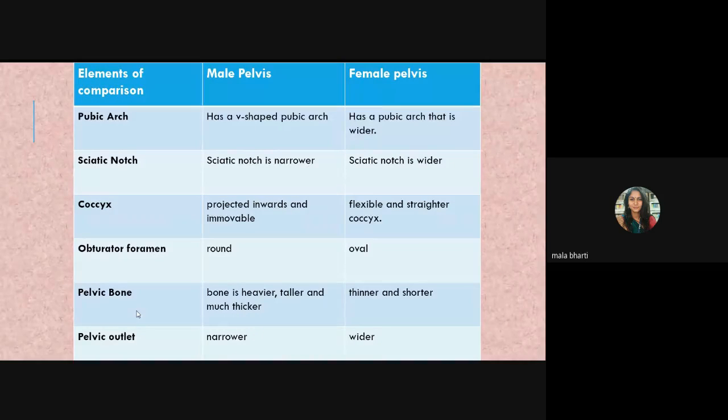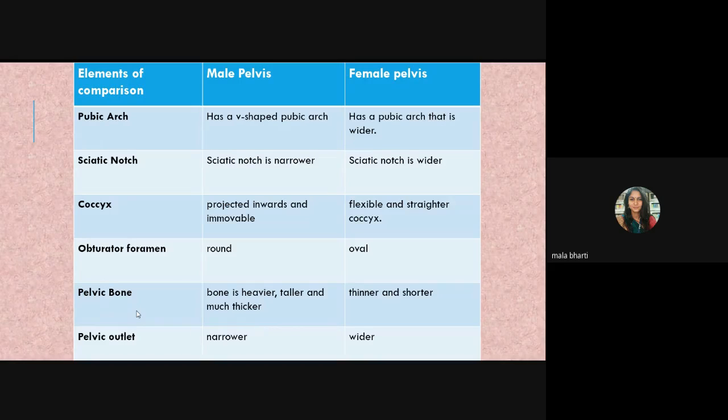Then the pubic arch is V-shaped for male, whereas it is much wider for the female. And the sciatic notch is narrower, whereas in female it's wider.